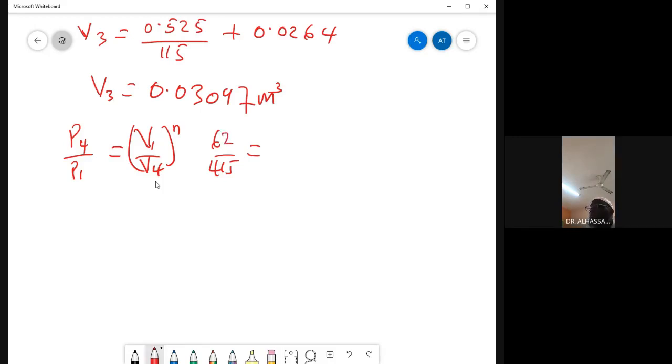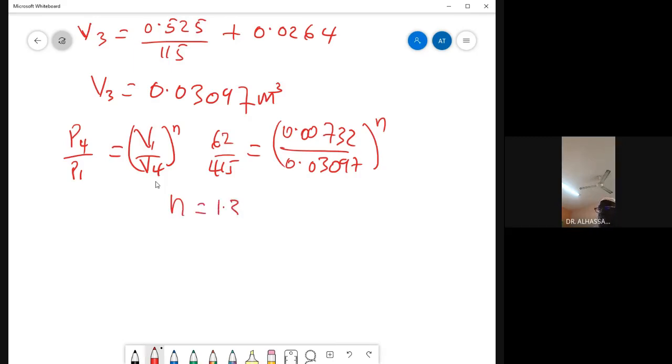So 62 divided by 415 equals 0.00732 divided by 0.03097, all raised to the power N. So if you take log and other things, N becomes 1.3182. Okay? So now we want to determine the boundary, we have already found the value for N.